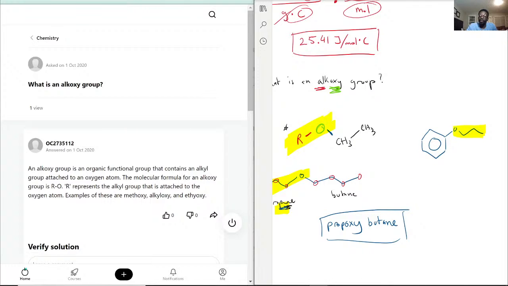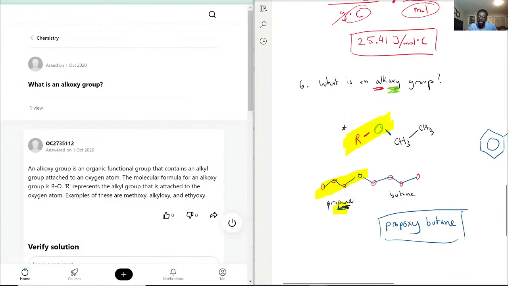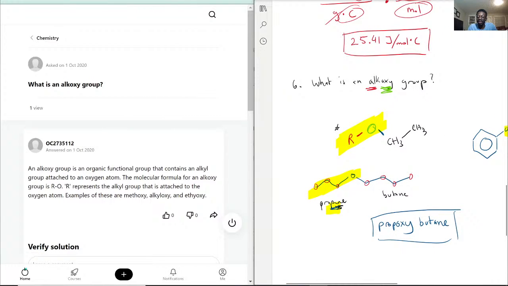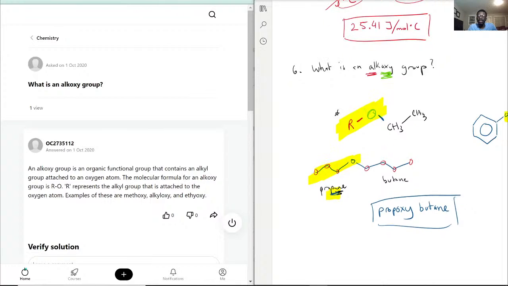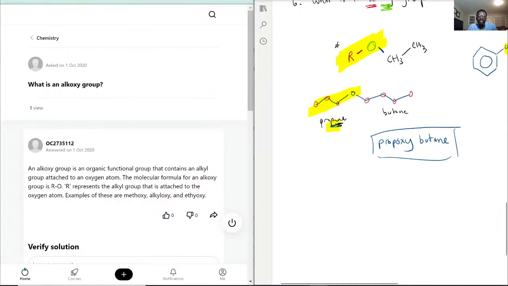So, hopefully that covers it. The main point being is that when you see an oxygen between two chains, the chain attached to the oxygen and then another chain continues, you have an alkoxy group there.